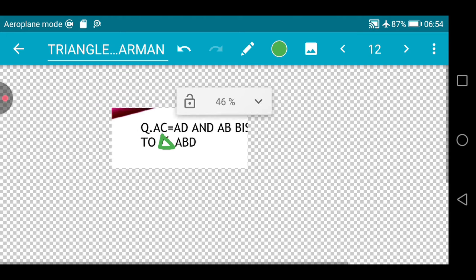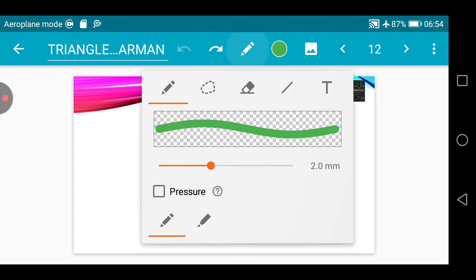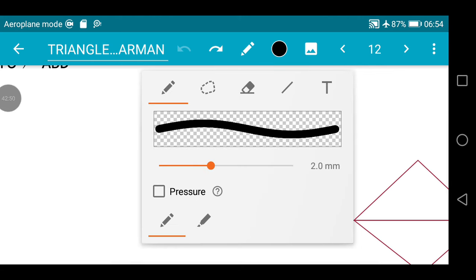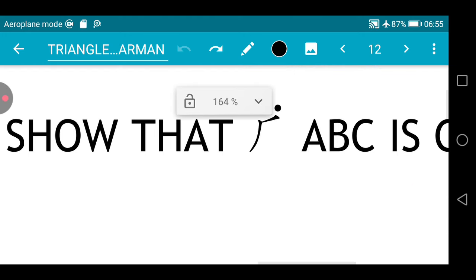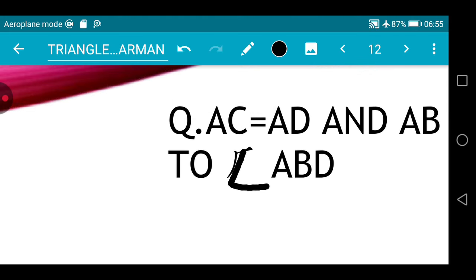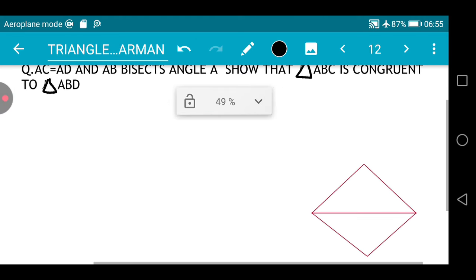We have to show that triangle ABC is congruent to triangle ABD.